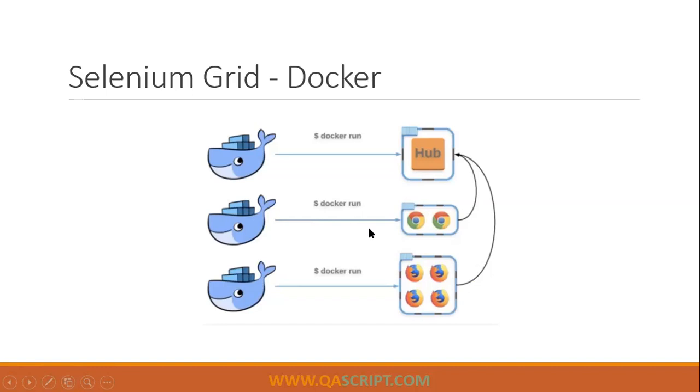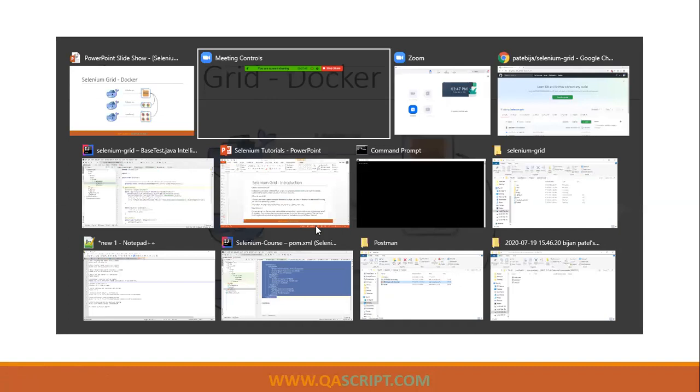So this is the whole setup of Selenium Grid with Docker. We are going to look at a live example of how you can set it up and how you can run your Selenium tests on different browser configurations through the Selenium Grid architecture running on Docker. So let's get started.